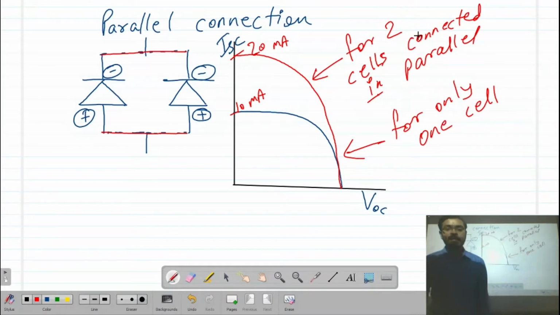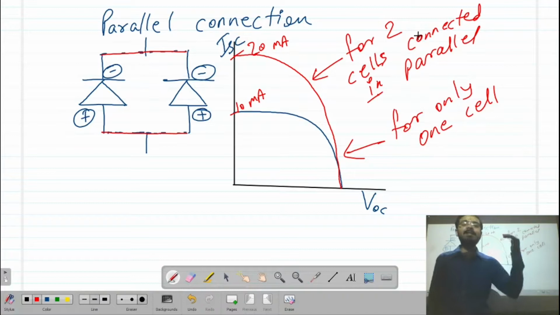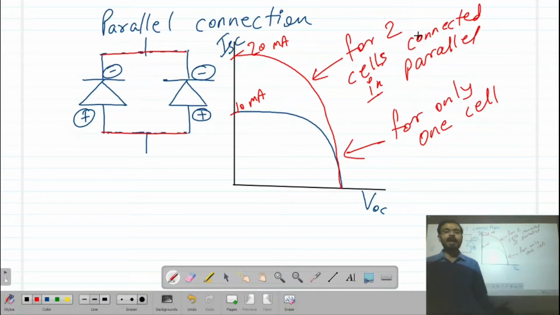So if we connect cells in parallel, then the ISC, the short circuit current of the cell module overall, will increase. So this is nothing but the series and parallel connection of a solar cell.